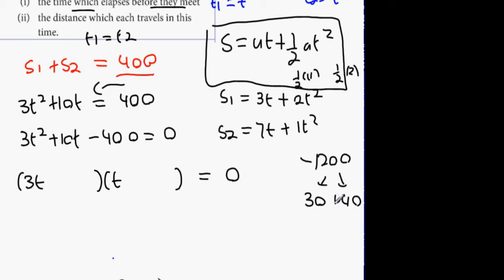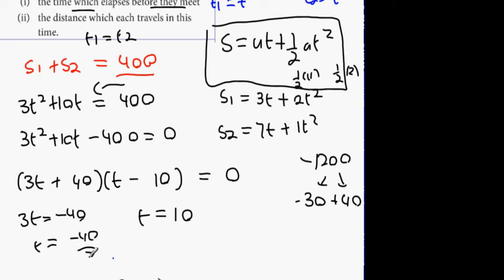So it's going to be plus 40 minus 10. Sorry, yeah. I have to make 30 from this, so that's going to be 10. So we have t equals 10. The other answer doesn't matter because it's negative, so you can't have t equals minus 40 over 3. Okay? Find the distance that each one travels.